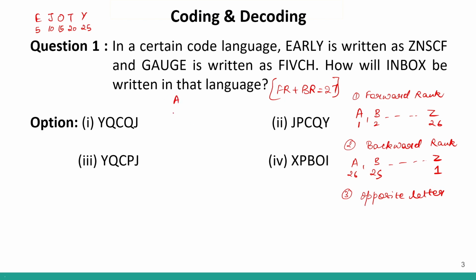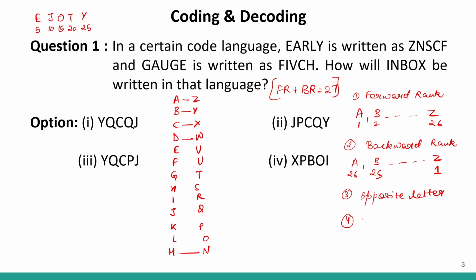If I write them like this, A, B, C, D, E, F, G, H, I, J, K, L, M, and then again I start from N like this, N, O, P, Q, R, S, T, U, V, W, X, Y and Z. A is the opposite letter of Z, B is the opposite letter of Y, C and X are opposite letters, D and W are opposite letters, and so on up till M and N are opposite letters. So this is the concept of opposite letters.